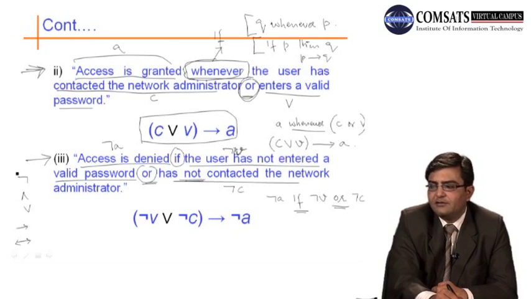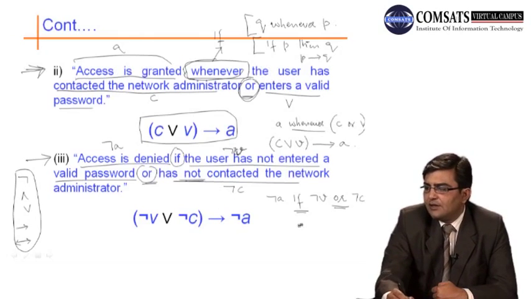This is the order of preference of the logical connectives. So here we have not V or not C, and here we have not A if, and we have this expression.